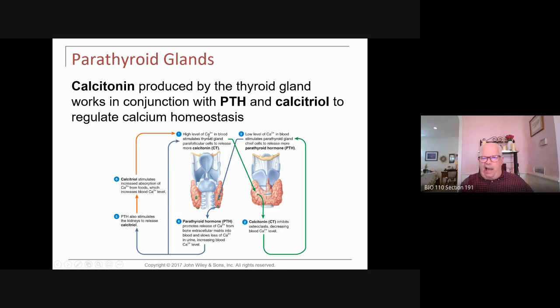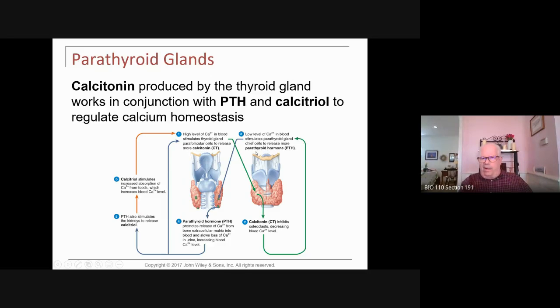So this high calcium level stimulates the parafollicular cells of the thyroid gland to release calcitonin. Calcitonin lowers your calcium levels. If your calcium levels get too low, then that stimulates the parathyroid glands to release parathyroid hormone to raise your calcium.